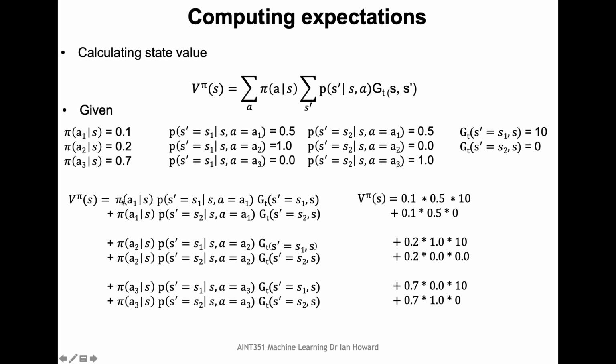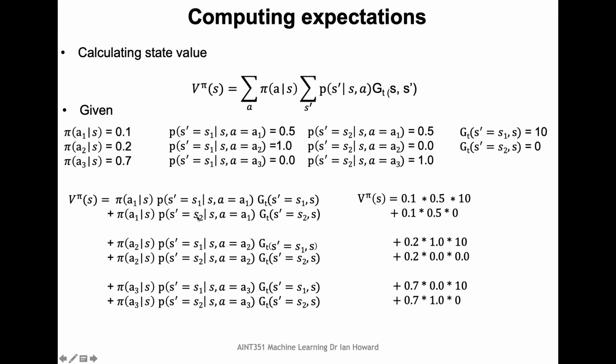The policy probability of A1 given S is 0.1, so that's where this 0.1 comes from. Here's the transition probability that we take action A1 and end up in S1, that's here, 0.5. And the reward that we get if we go from state S to S1, we just substitute that value in, and here we get 10.